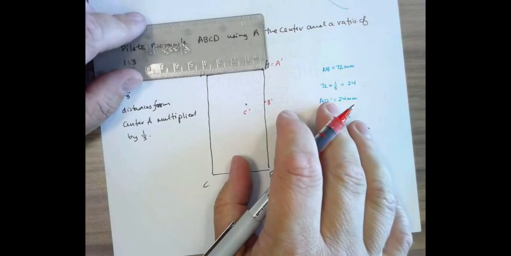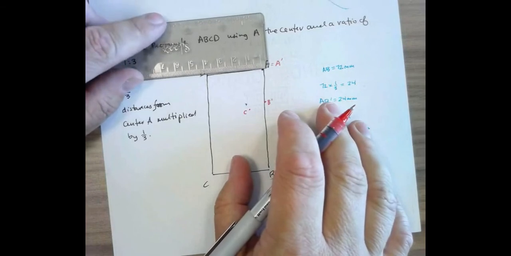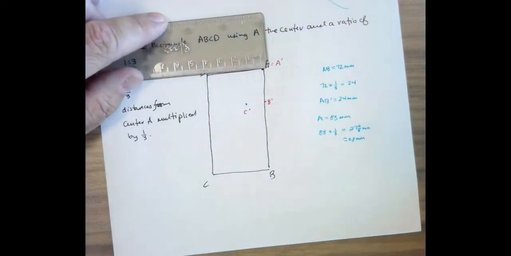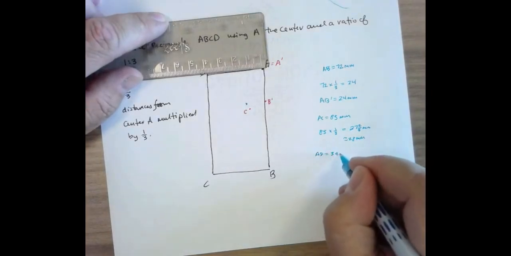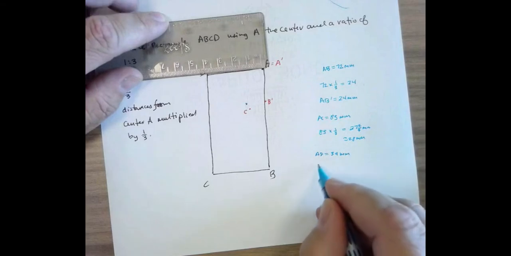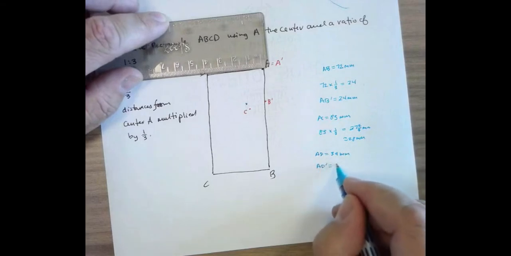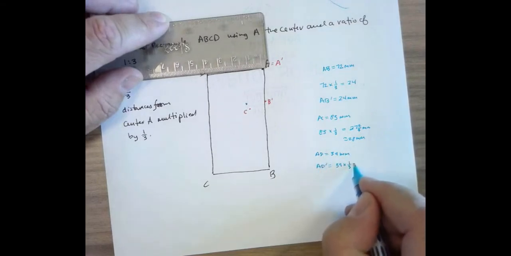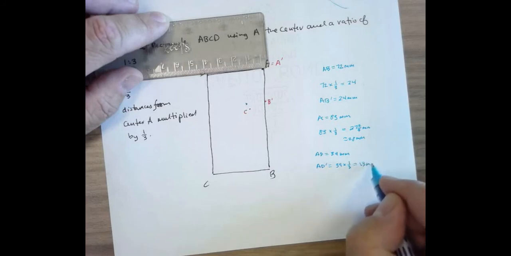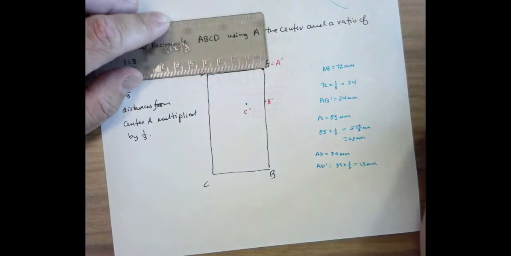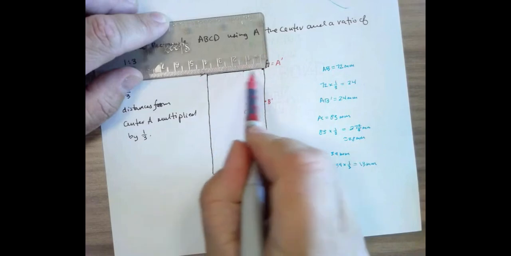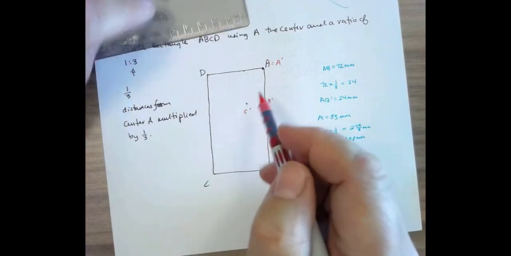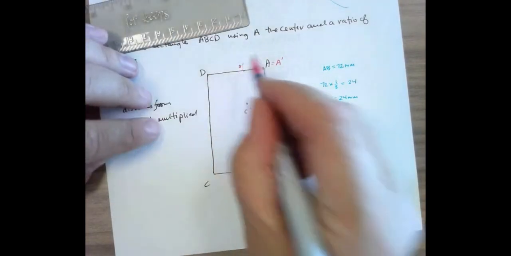And then finally D prime. I measure A to D. That looks like 39. So AD prime is 39 times a third, which is 13 millimeters. So if I go 13 millimeters, that's right there. Notice this is all on the lines connecting A to B, A to C, A to D. So there's D prime.